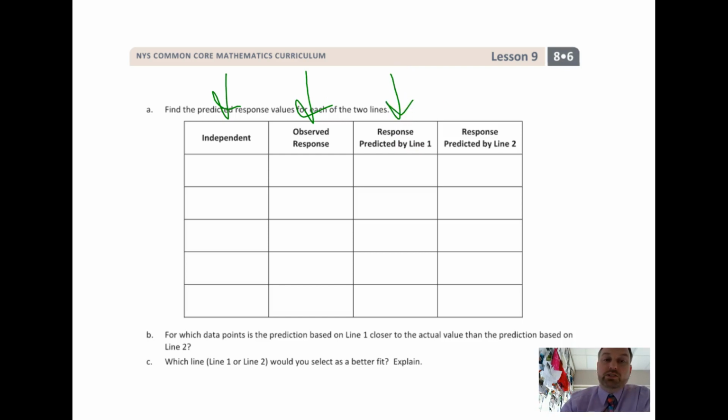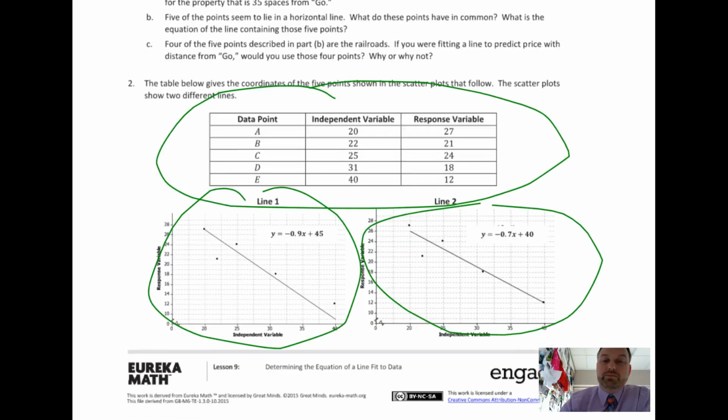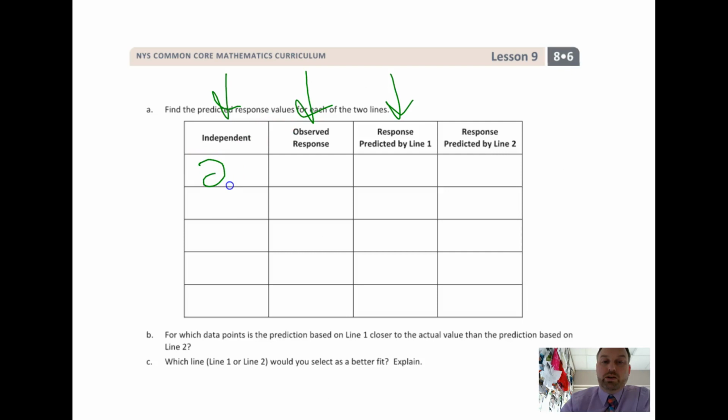Okay, so for instance, the first independent value is 20 and the actual is 27. So the independent is 20, this is 27. Okay, so the response predicted by line 1 and then response predicted by line 2.